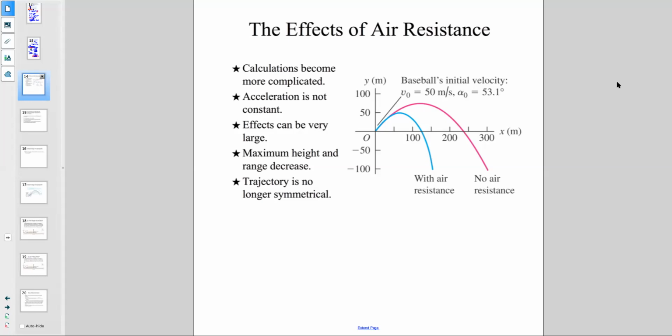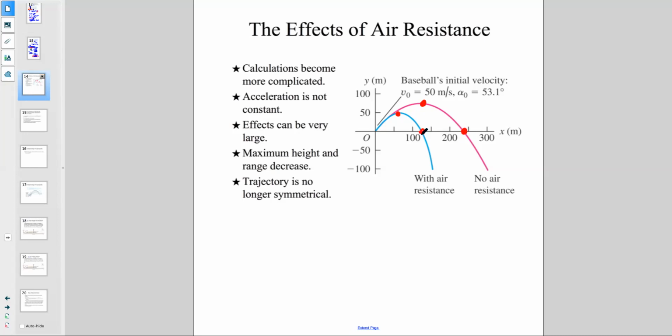It could be large enough to overcome the effect of gravity, and eventually along the y direction we'll have a motion with constant speed. The maximum height and range can change. In other words, rather than ending up here, I have ended up right there, because of the air resistance.